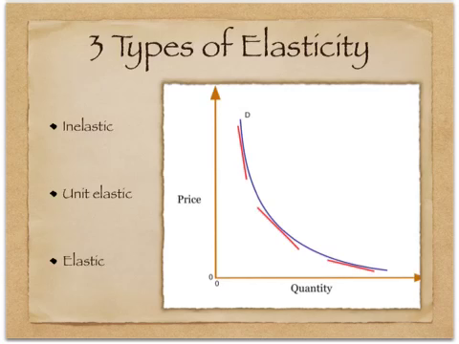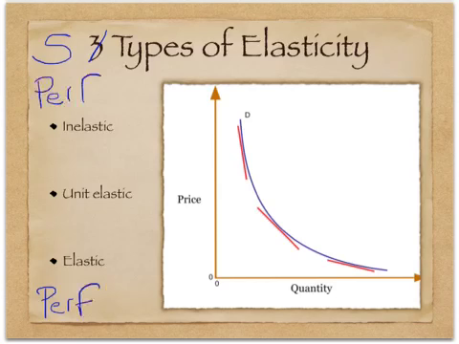So we've just described 3 primary types of elasticity, but I'm actually here to tell you there's 5. 2 additional types of elasticity are the fully abstracted ideas of something which is perfectly elastic and something which is perfectly inelastic.